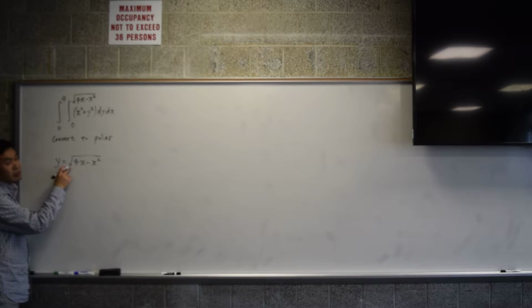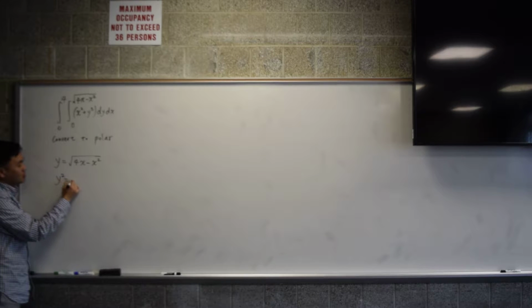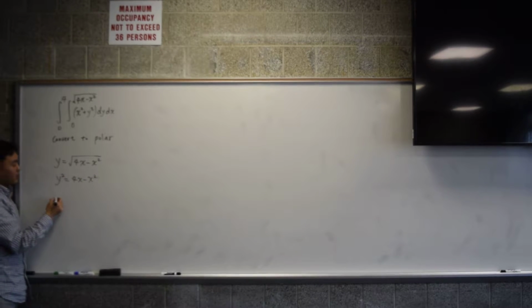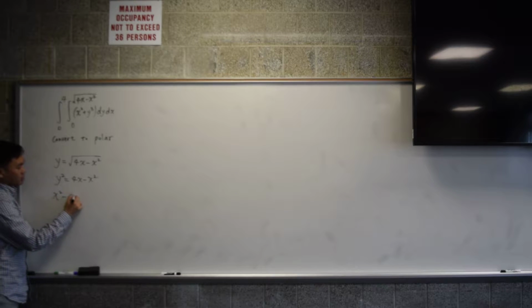We're not so used to handling square roots, so let's square both sides and move everything to the left. You get x squared minus 4x plus y squared equal to 0.